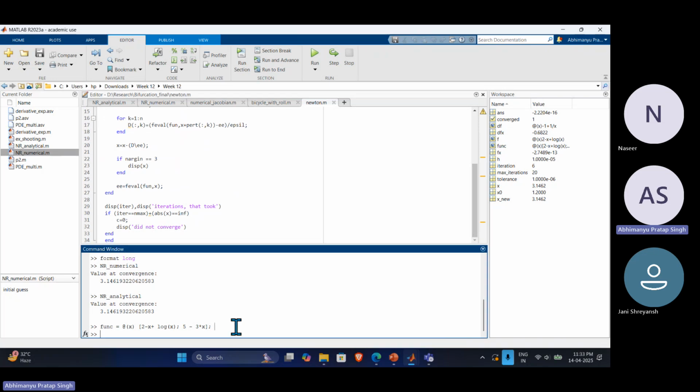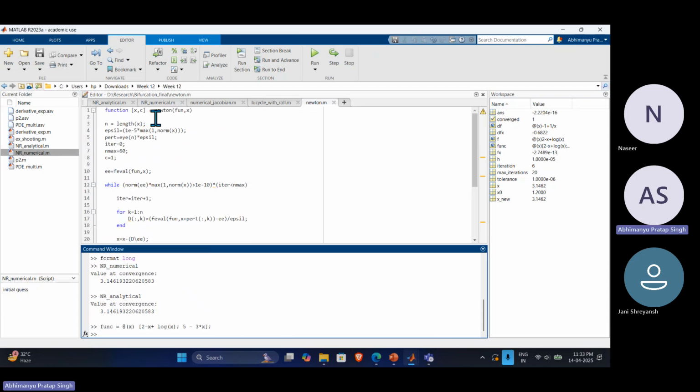Yeah, so I will try to solve this function using this Newton method. So I just need to input my function and then the initial condition. I don't know if this is solvable or not.